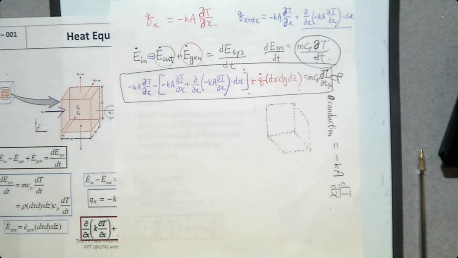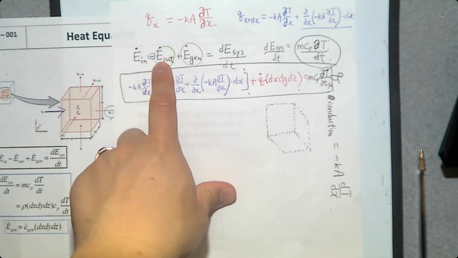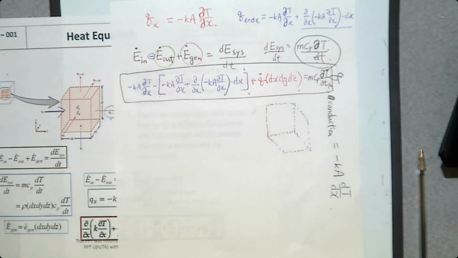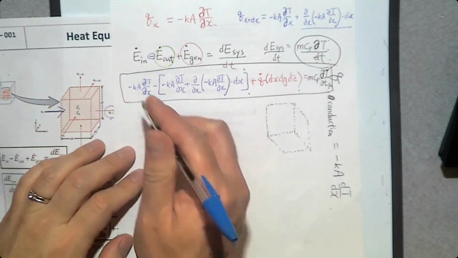Now, this heat transfer can be not only in the x direction, but in the y direction and z direction, right? So let's consider energy transfer in and energy transfer out in the y direction and in the z direction too. What is the y direction?